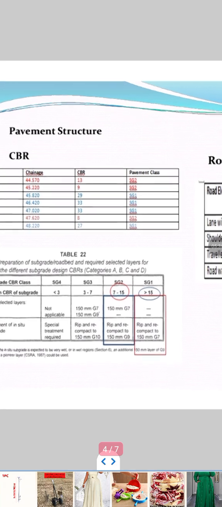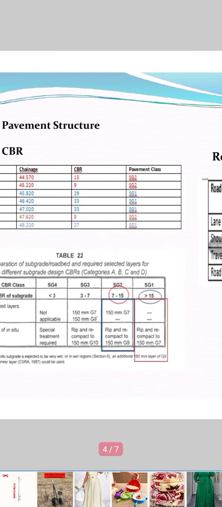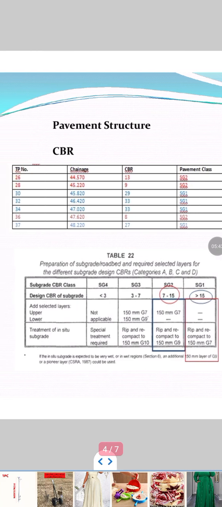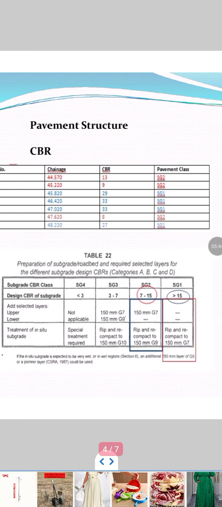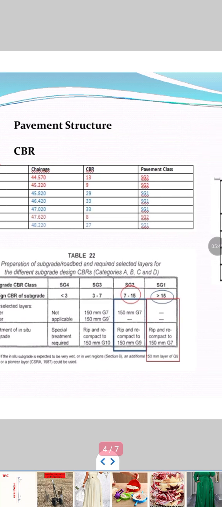Pavement structure: for our CBR, we have two CBRs, as you can see, the points and the chainages there. We have two areas, SG2 and SG1, where SG1 is a CBR above 15, and SG2 is a CBR of between 7 and 15.